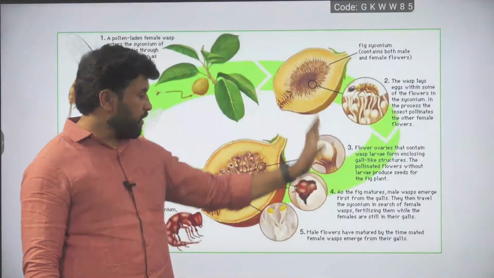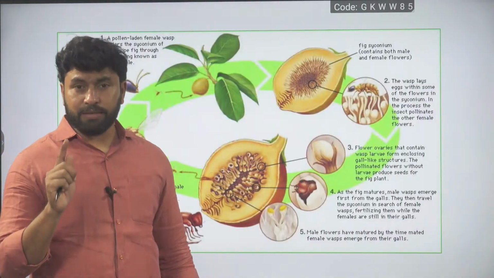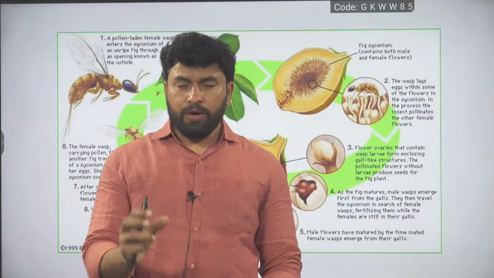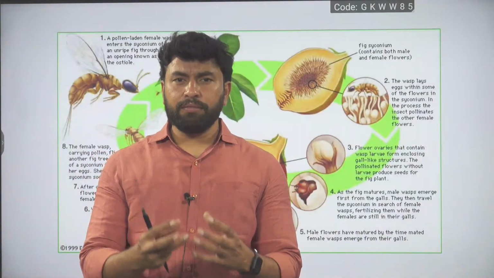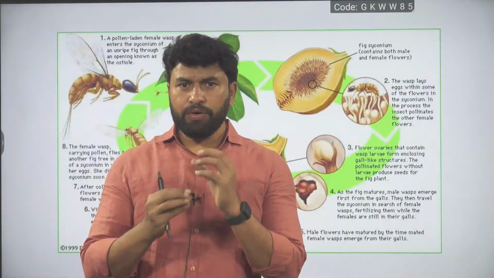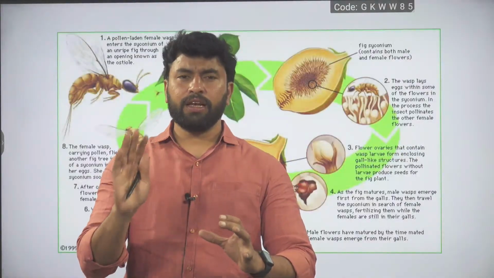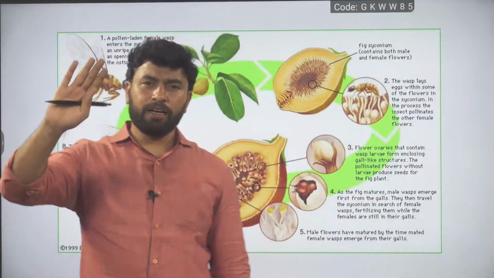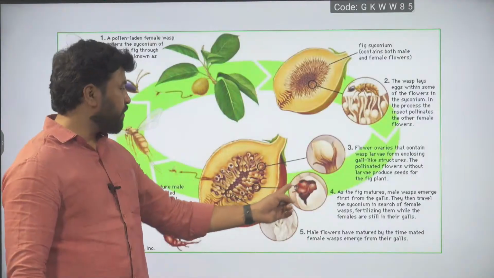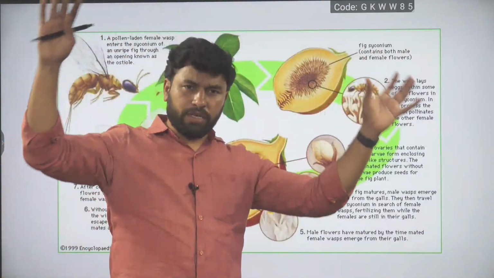It lays the eggs only in gall flowers or neuter flowers. The gall flowers make the eggs hatch and larvae come out. The larvae consume the nectar present inside the inflorescence, become adults, and then the adult insects go away from the fruit. Remember, generally they are wandering outside.